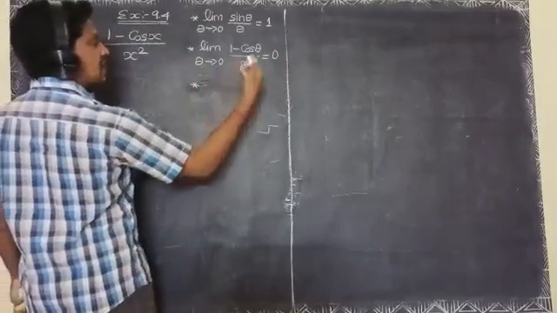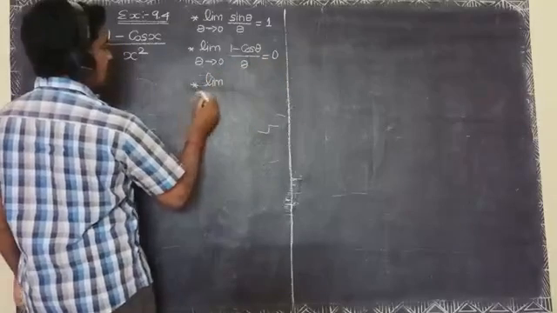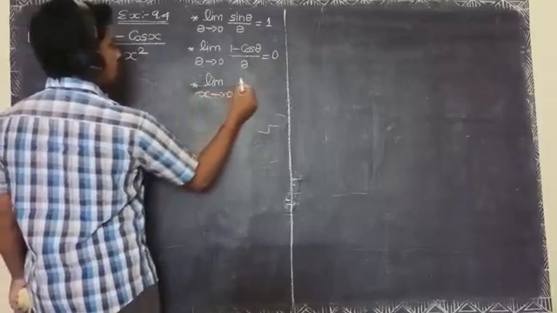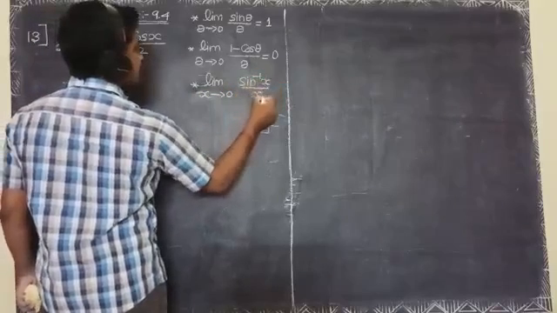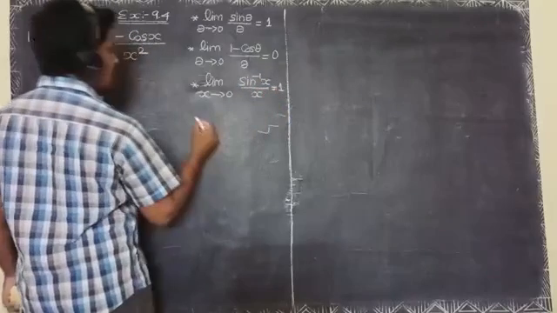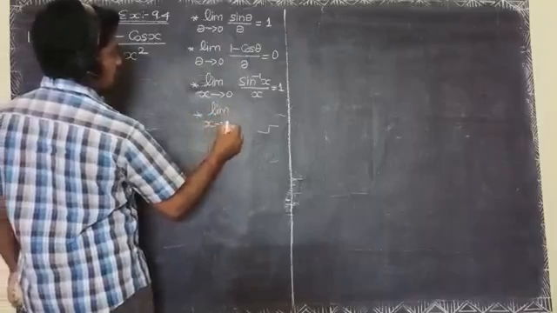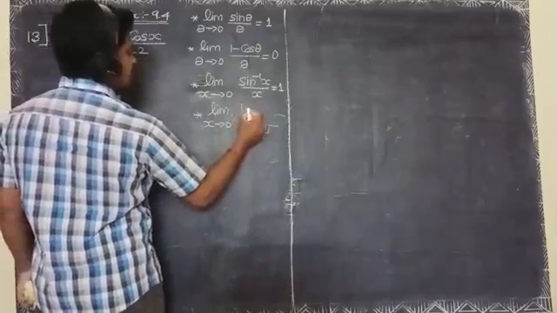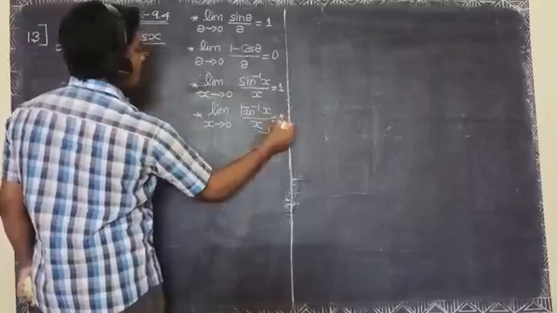In inverse trigonometric functions, limit x approaches 0 of sin inverse x divided by x is equal to 1, and limit x approaches 0 of tan inverse x divided by x is equal to 1.